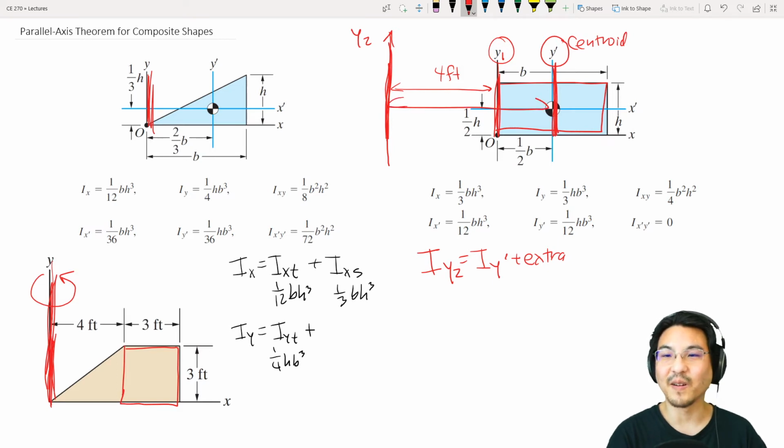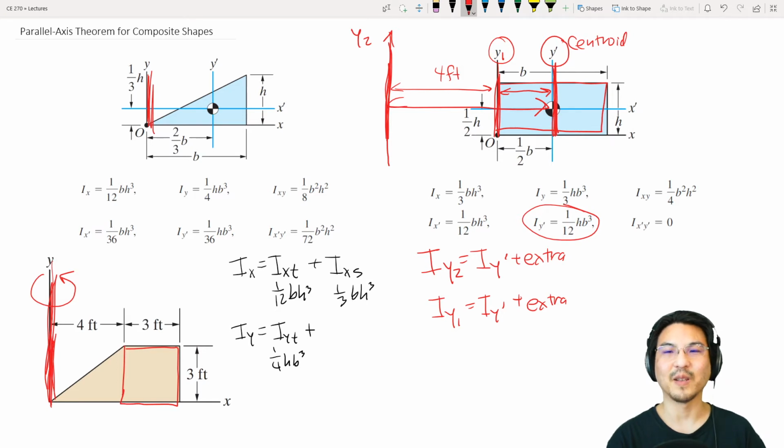Here to here squared times the area. Or you can go like this. If you want the moment of inertia about y1, then it's 1/12 hb cubed plus this distance squared times the area. That's okay.